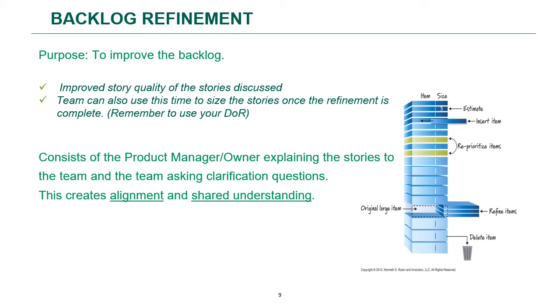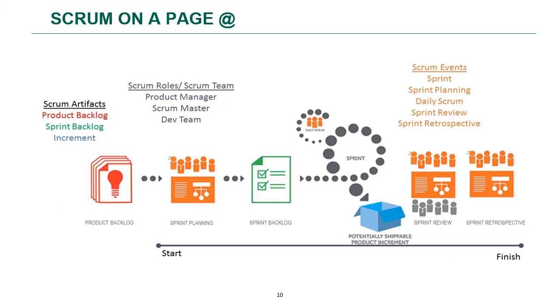So you see this illustration of how, based upon the prioritization of your user stories, you can update the product backlog. So this is Scrum in a nutshell from start to finish. You can see the product backlog is an input to your sprint planning meeting, and then you have a sprint goal that is determined, and the sprint backlog is the set of your product backlog items selected for the sprint plus a plan for delivering the product increment.